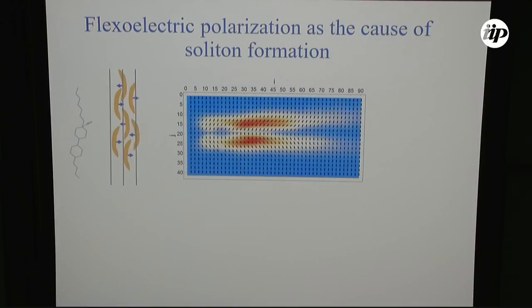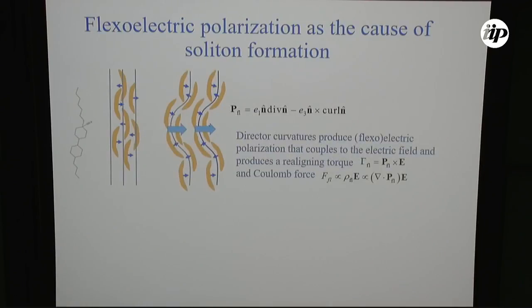But if you create a deformation, such as this bow-like deformation in the soliton, then because of the shape of the molecules, the dipole moments might form a macroscopic polarization, separate charges in space, and this electric polarization is dependent on the concrete type of director distortions.